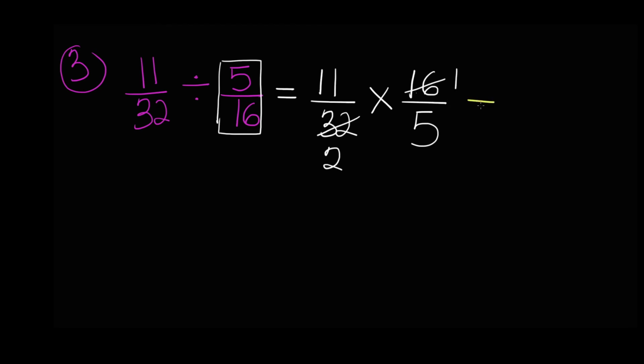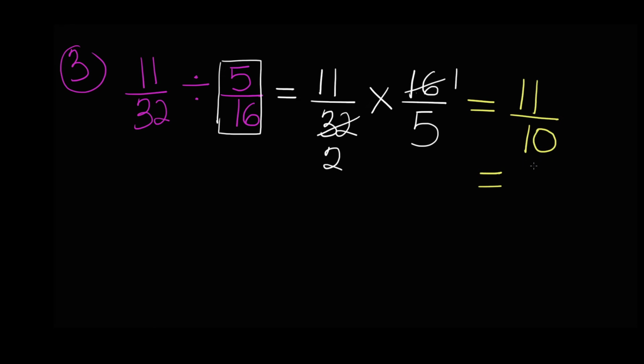Right? What is the next thing? Is there any other thing that can divide? No. So I will multiply out. 11 times 1 is 11 over 2 times 5 is 10. Very good. If you take a look at this, you realize this is an improper fraction which you can convert to a mixed fraction.